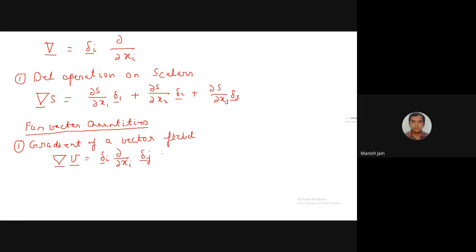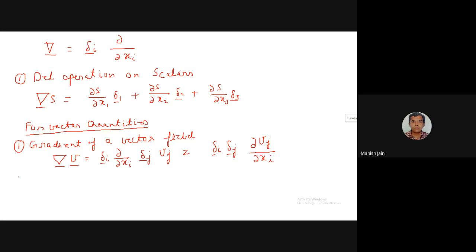These are the unit vectors, and V_j is the magnitude of the velocity. It can be written as e_i e_j ∂V_j/∂x_i. So this is a second order tensor quantity.